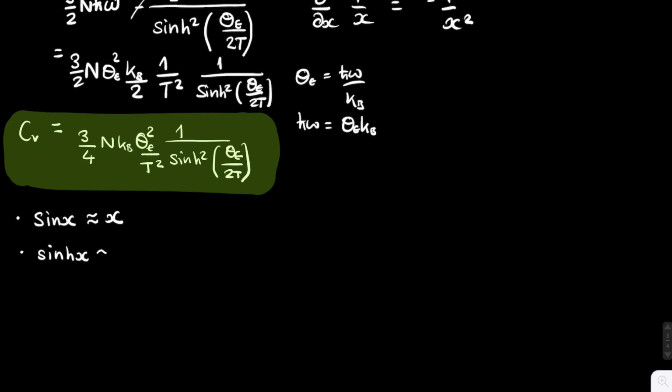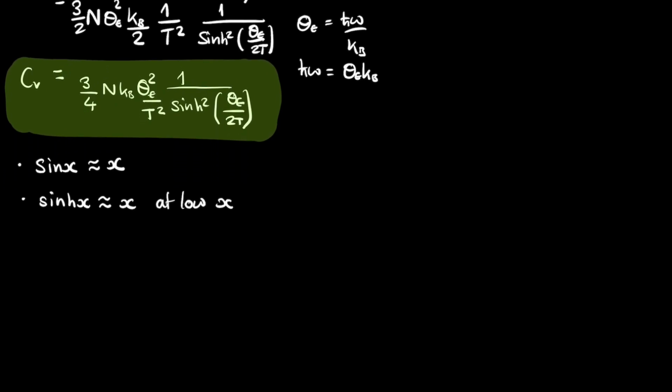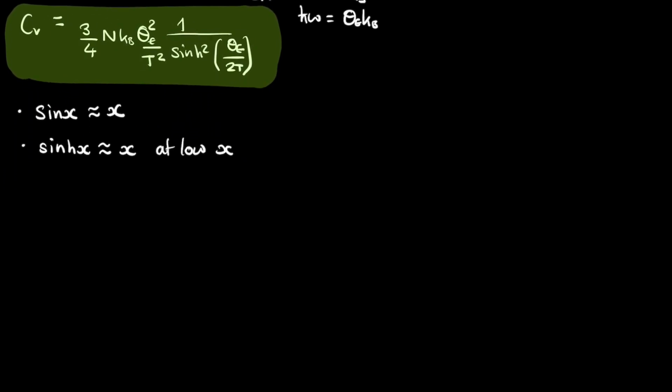So sinh x is also approximately equal to x at low x right here. So if whatever is in this bracket is low, then you can simply substitute it for the term itself. So what are we going to get? Well, of course we've got a sinh squared term, so this term is actually going to get squared right here.